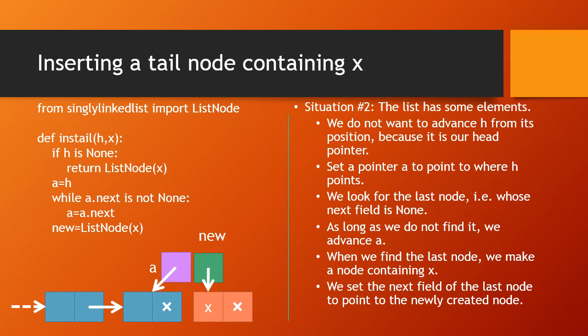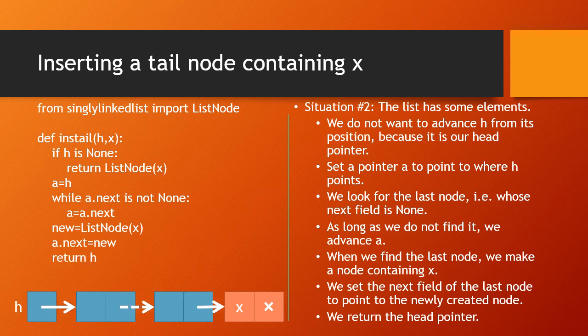So I can write a dot next equals new. And see what I have done? I have inserted the newly created node as the tail node. And then we return the head pointer h. Return h. So this is our singly linked list now, and we return it.